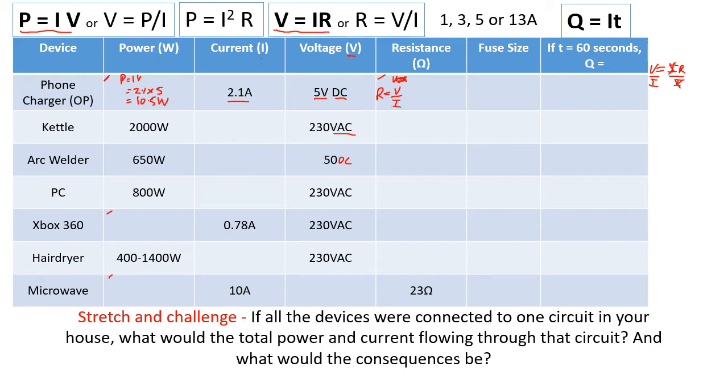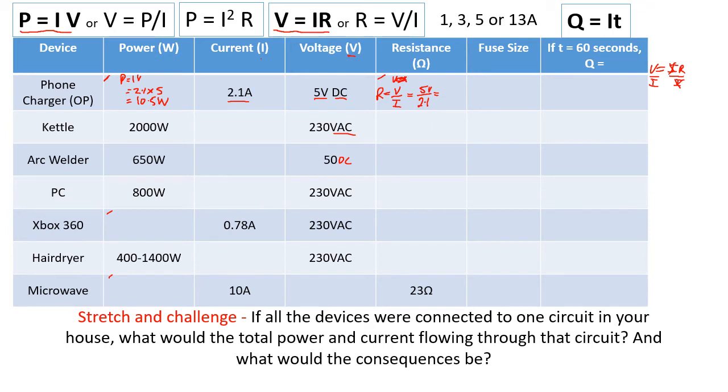So resistance equals voltage over current, and so we've got 5 volts over 2.1 amps. Don't need to write the units in, so that's my fault. And that would be 5, get my calculator out, 5 divided by 2.1.